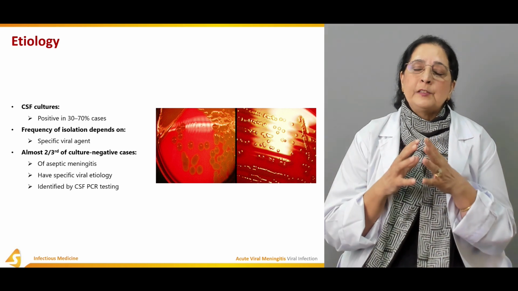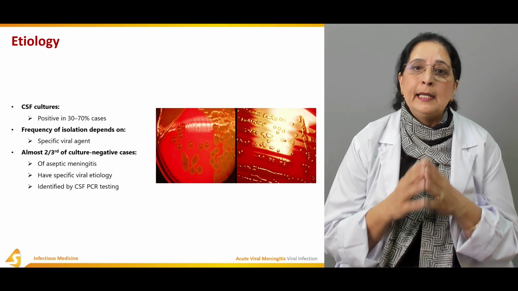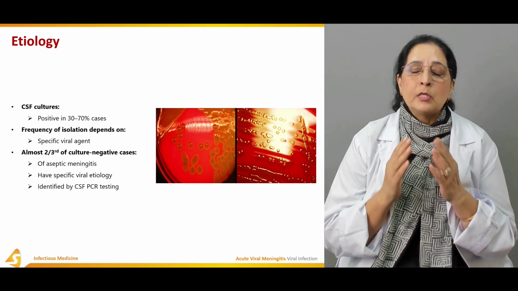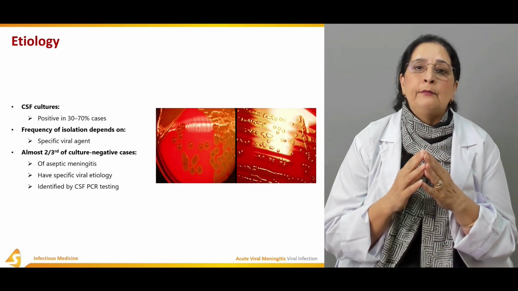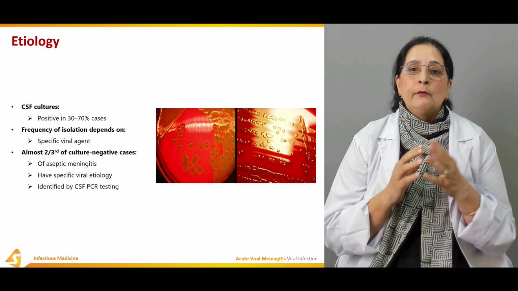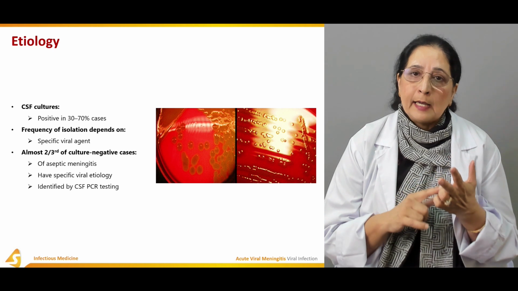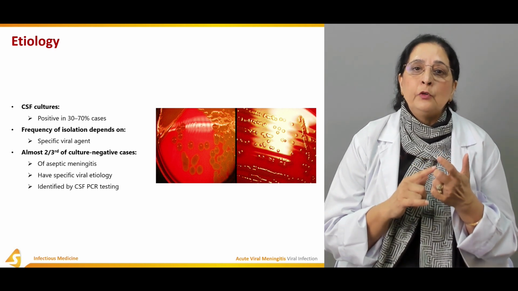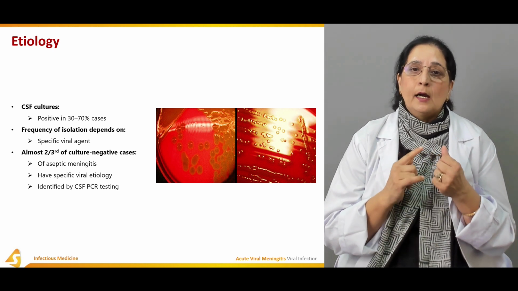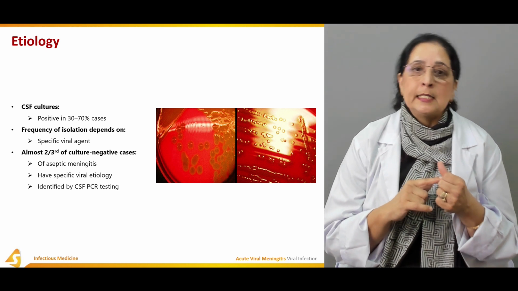So we have some specific viral agents which are mostly associated with viral meningitis, which are enteroviruses, Coxsackie virus, human immunodeficiency virus, herpes simplex type 1 and type 2.